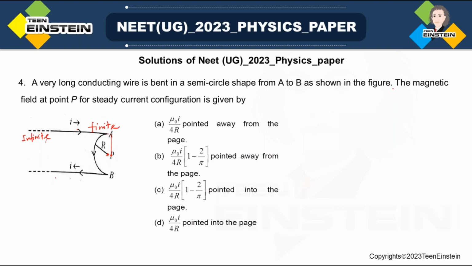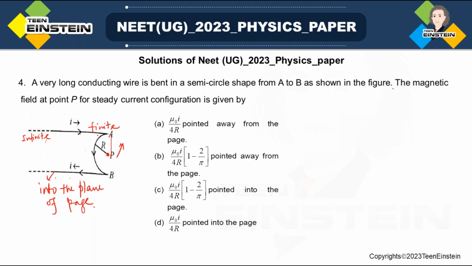If you use the right hand thumb rule, the magnetic field due to these two contributions will be into the plane of the page.